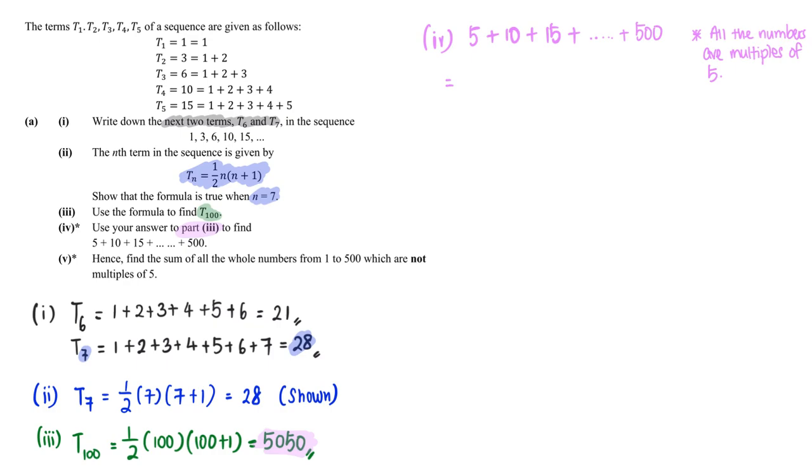Meaning they can all divide by 5. 5 is a common factor. And I'm going to take out 5 as a common factor. I'm left with 1 plus 2 plus 3 dot, dot, dot, plus 100.